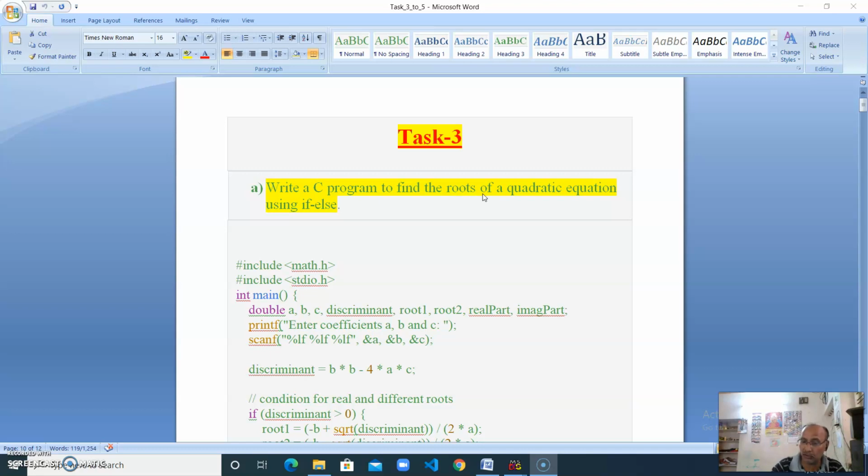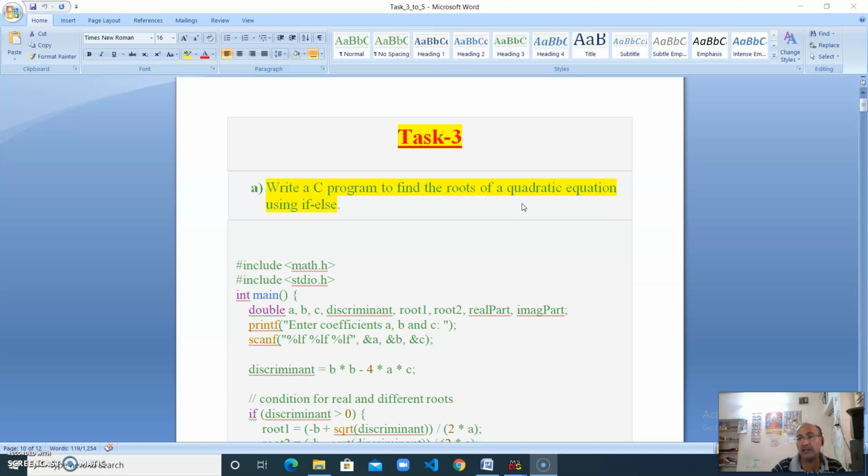The roots of that quadratic equation are: root equals minus b plus or minus square root of b square minus 4ac by 2a. Now here b square minus 4ac is the discriminant.